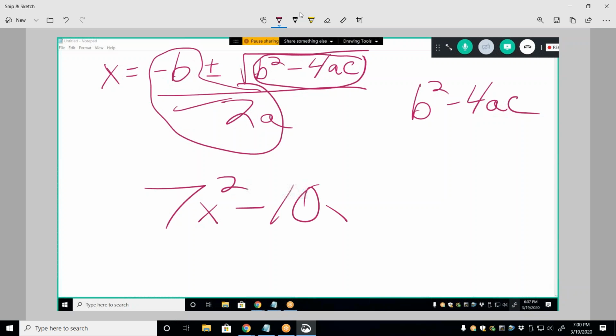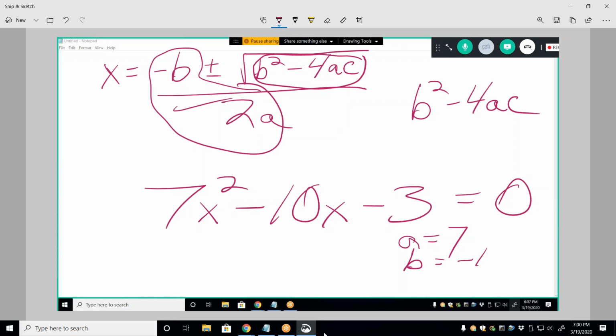So tell me what a, b, and c are. A is the 7x squared. Nope, it's just the coefficient. It never includes the variable. Ever. What's B? It would be -10.